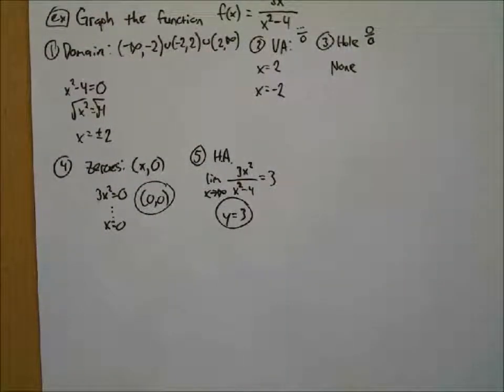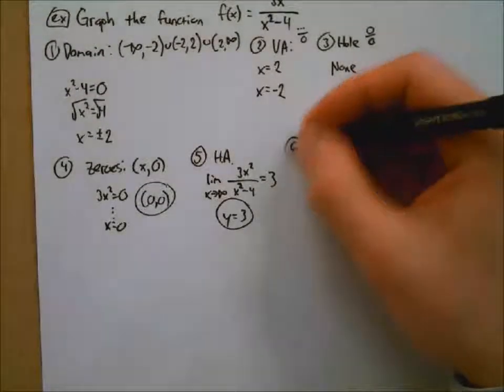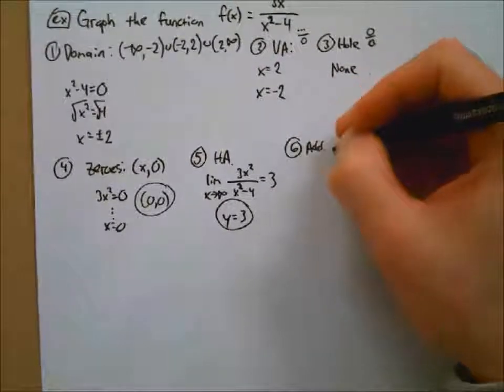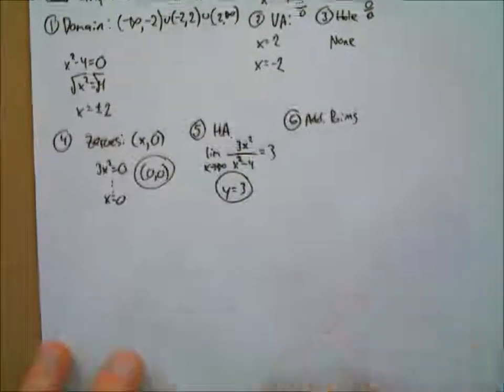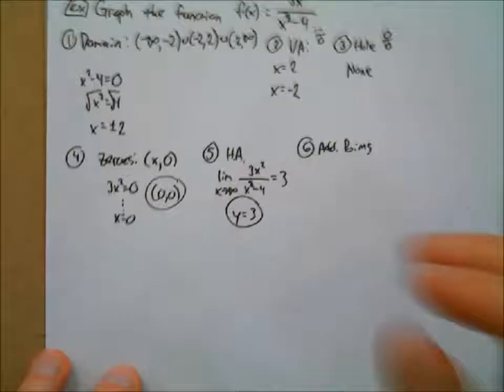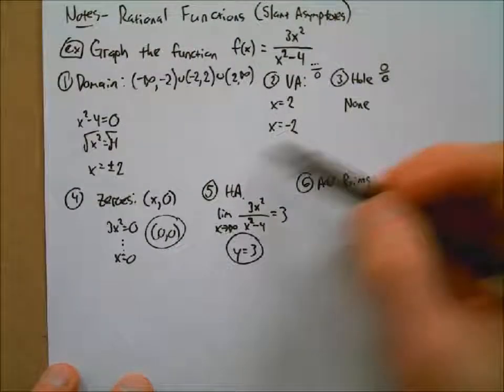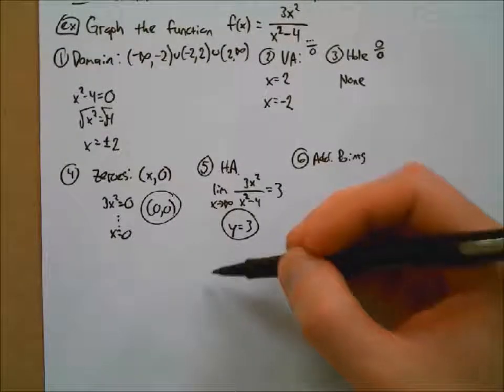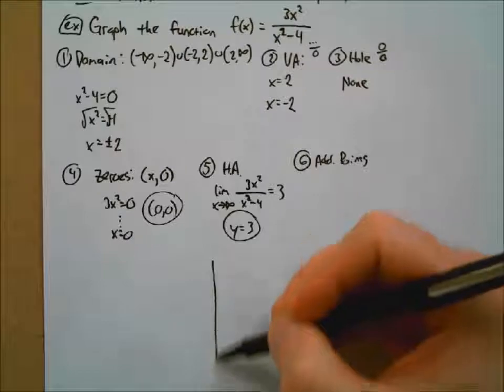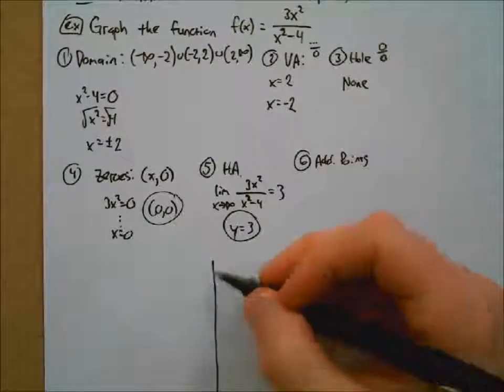Okay, I'll leave some space here for us to find additional points if necessary. Then we'll go ahead and get this thing graphed. So let's see here. Vertical asymptotes at 2 and negative 2, the point 0, 0. Actually, I know what it's going to look like, so I'm going to sketch it this way.